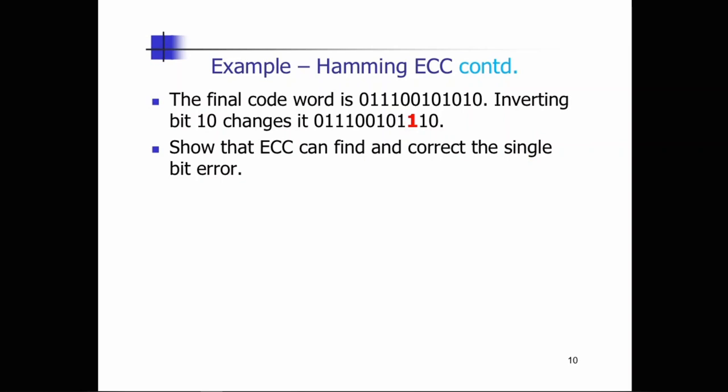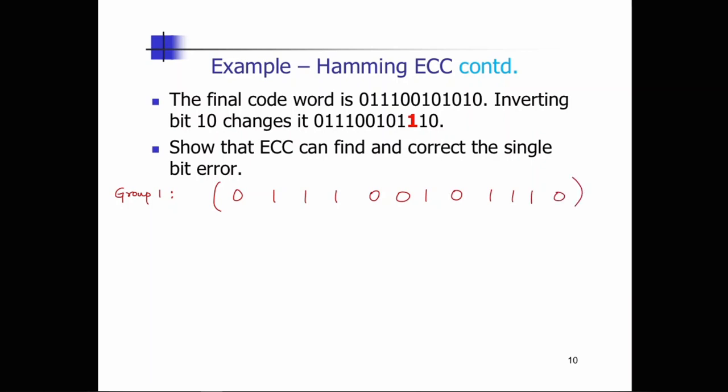So for this, let's start with group 1. So group 1 has 1, 3, 5, 7 bits. Let me write down the code word first and then I can highlight them. So 0 1 1 1, 0 0 1 0 1 1 1 0.